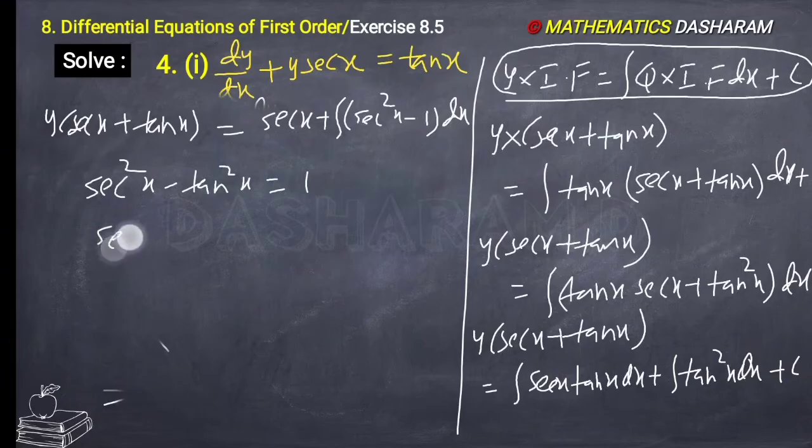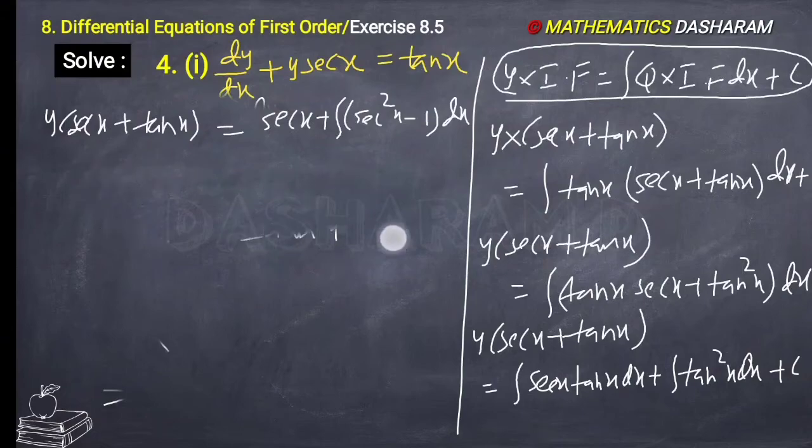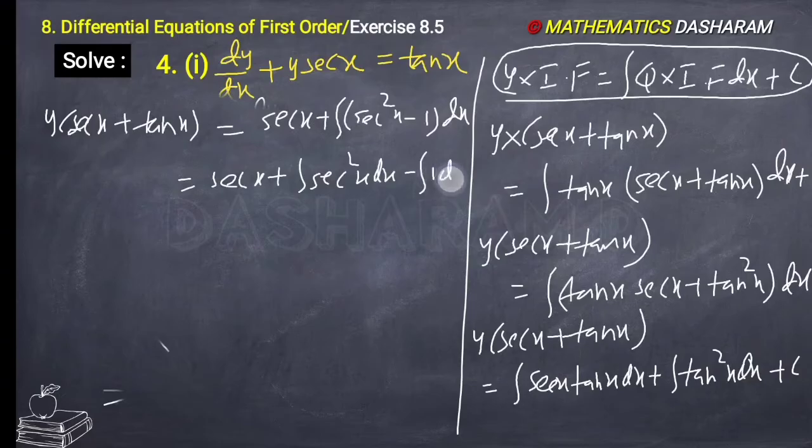From this, secant square x minus 1 equals tan square x. Okay, so it equals sec x plus integration of secant square x dx minus integration 1 dx. So sec x plus integration of secant square x is tan x minus integration 1 dx is x plus c.